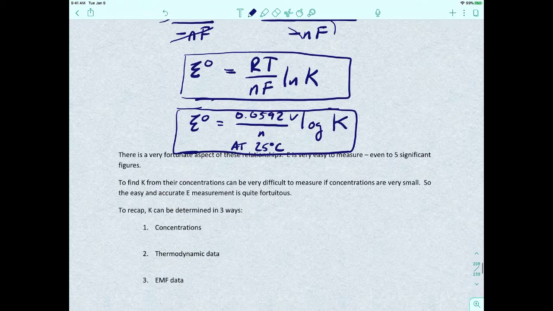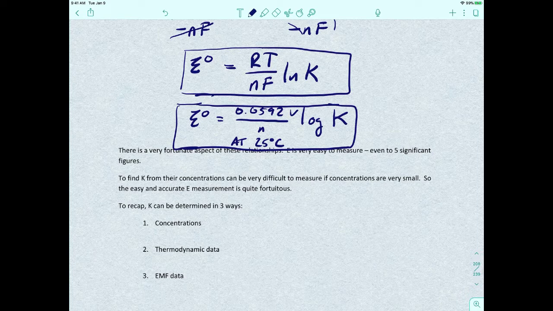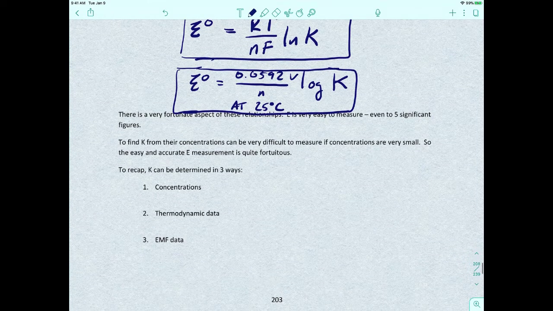So to recap, we can calculate equilibrium 3 different ways. The first way was using concentrations, which we focused on for pretty much a third of this course, where it was the concentration of the products divided by the concentration of reactants.